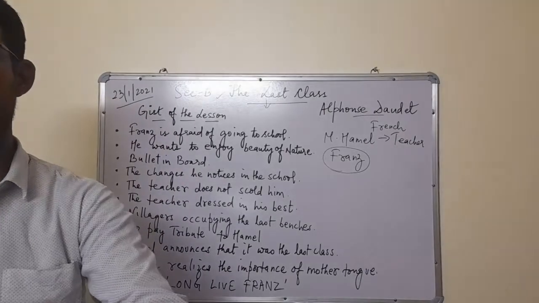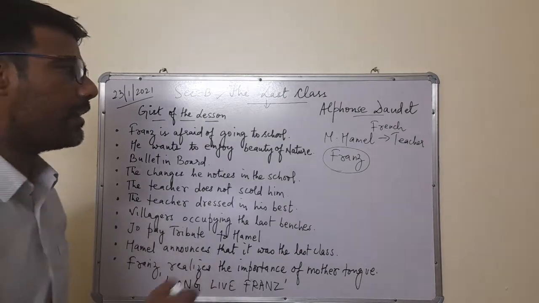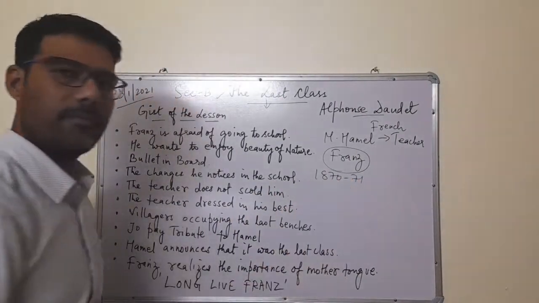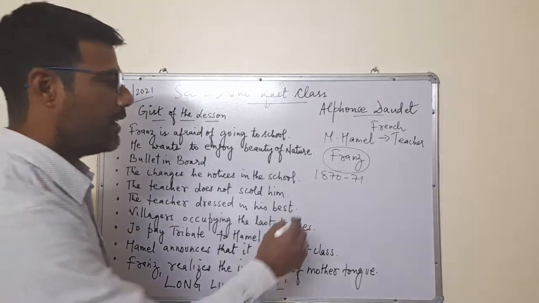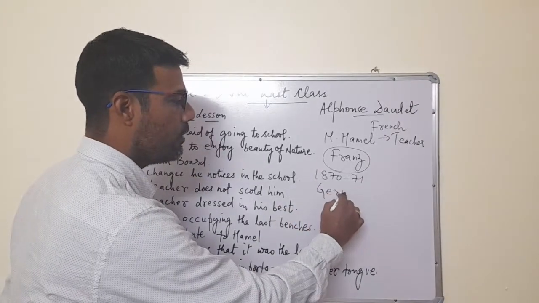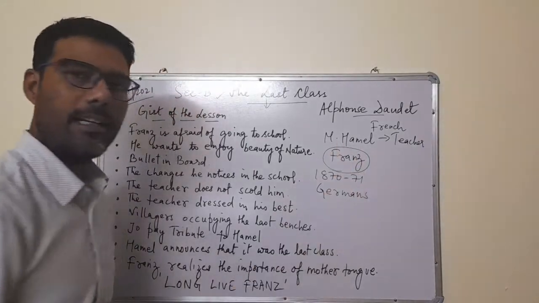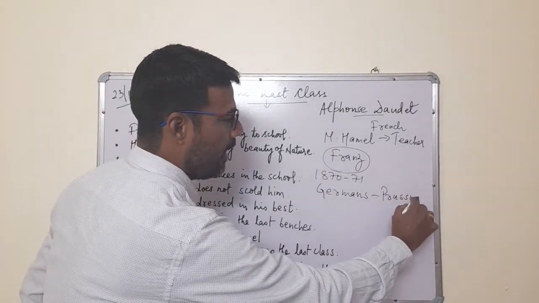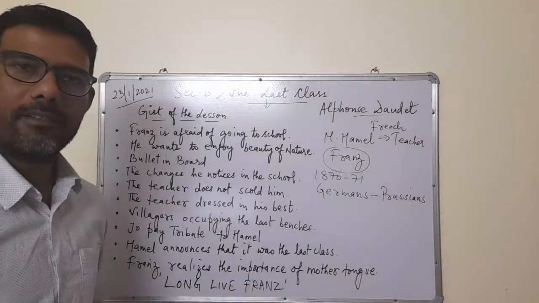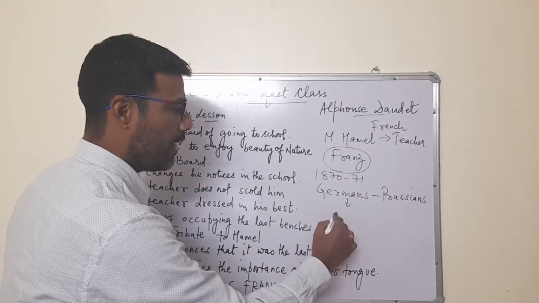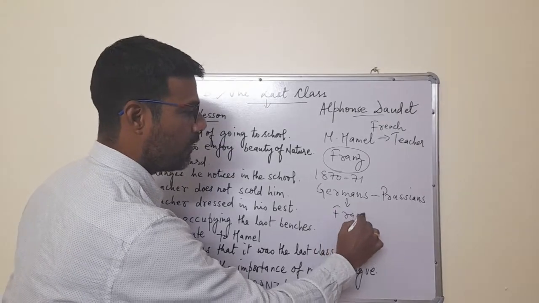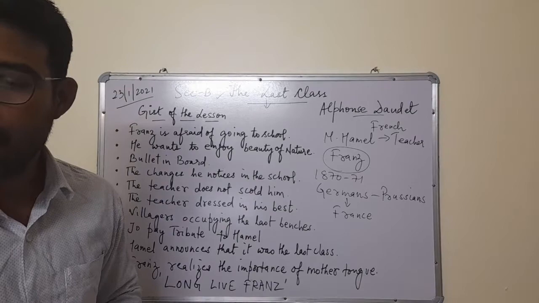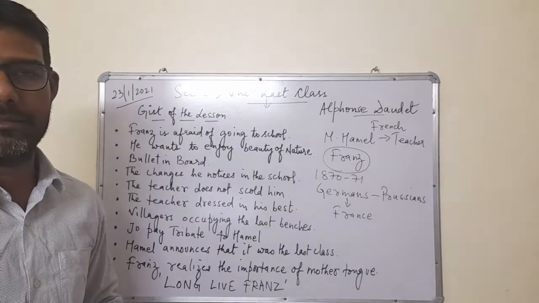So the story is set during the time period 1870 to 71, right? And the Germans, referred to as Prussians, had won the battle, right? And they were now supposed to rule France. Now the story is set in a small town, that is a province of Alsace, right?